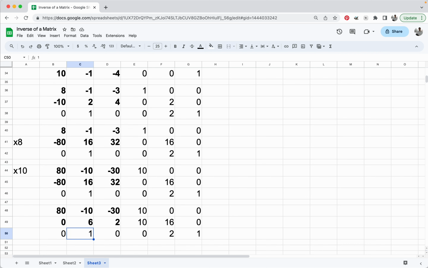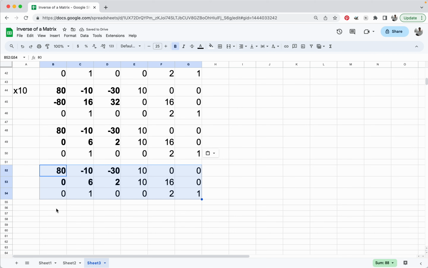Now I'll make this 6 so that I can subtract row 2 and row 3. Alright, so 0, this multiply by 6, multiply by 6, 6, 26, 12, 6. Alright.